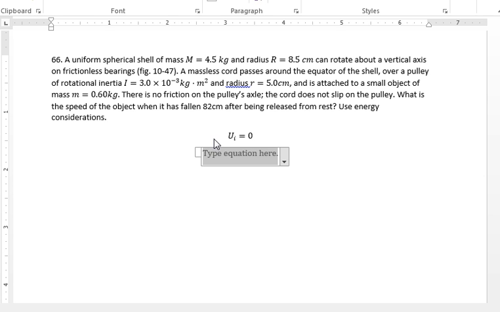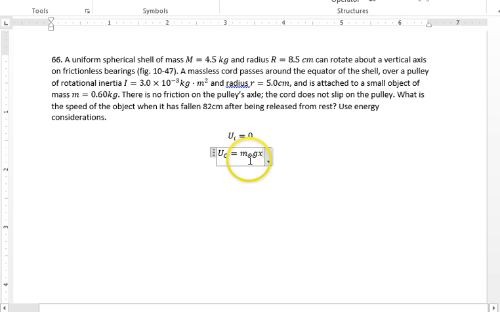Then at any point along the way, the potential energy of the small object equals minus the mass of the object times g times the distance it has fallen, x.